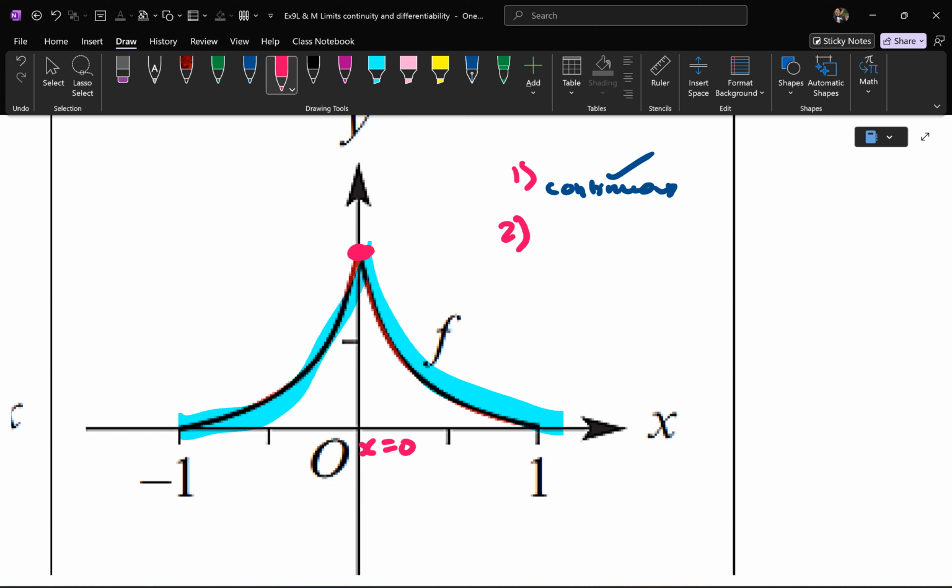So as I approach 0 from either side, one's positive, one's negative. That means the limit of the gradient clearly does not exist, because it's not going to be the same. So this is not differentiable at x equals 0.